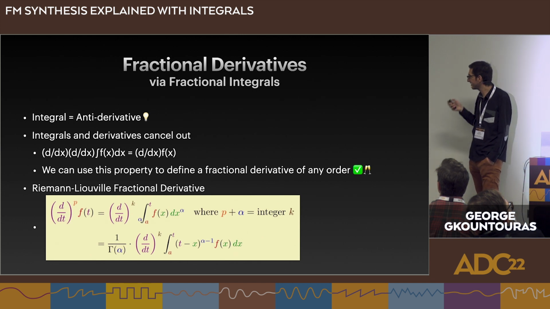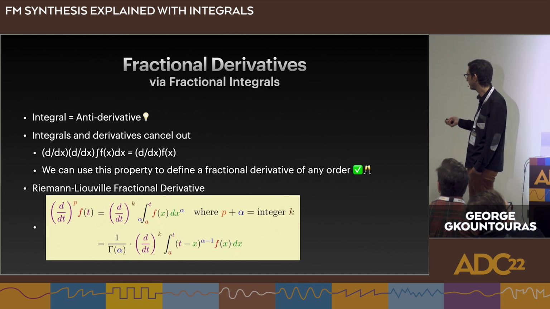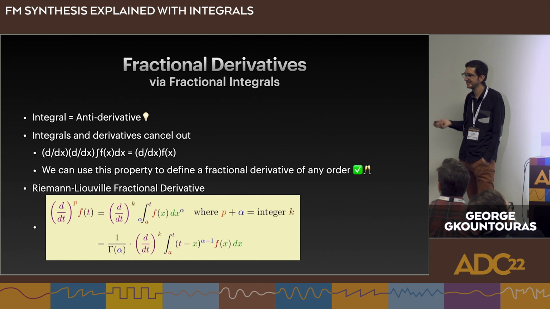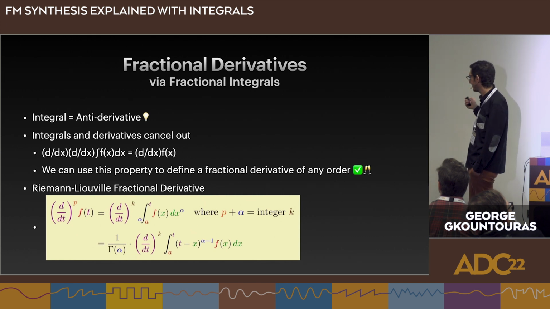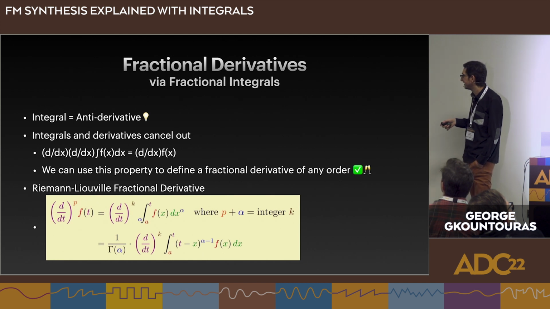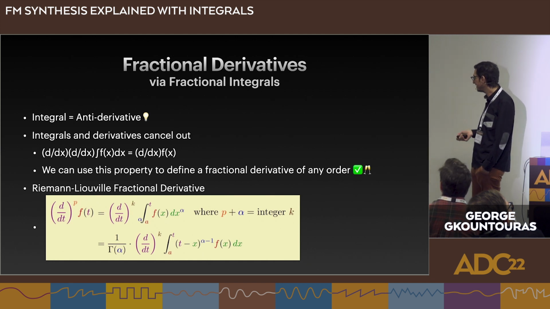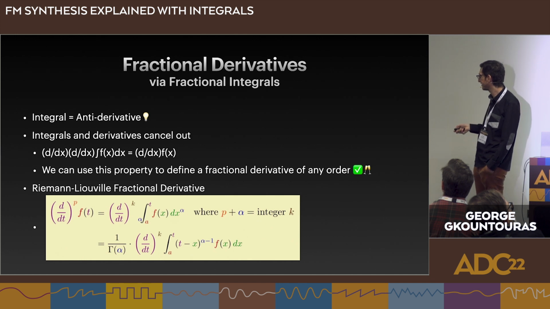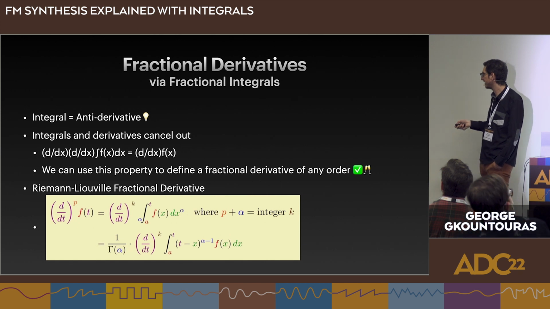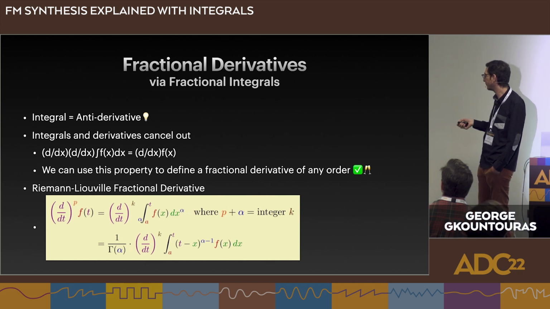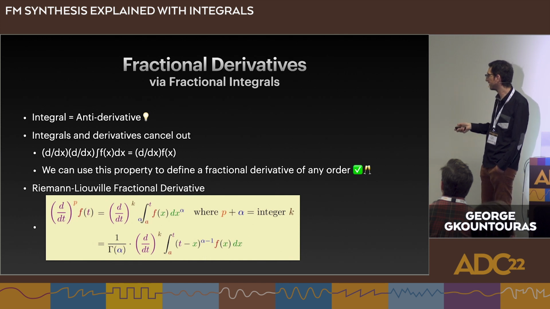For example, this is one definition of fractional derivative. There are many definitions. So here we have an integer derivative, that is this one here, that is applied after an integral that could be of any order, even fractional, to get our fractional derivative.